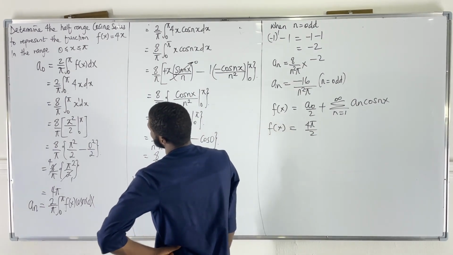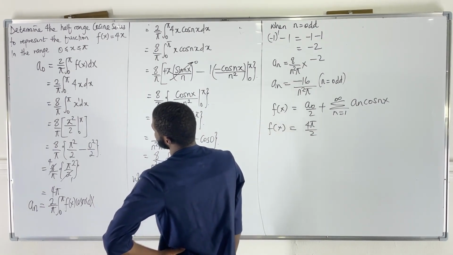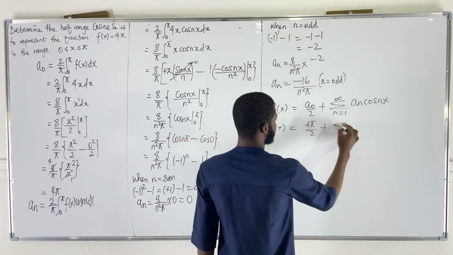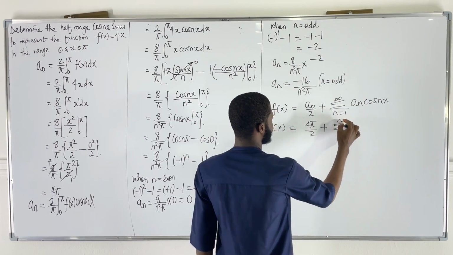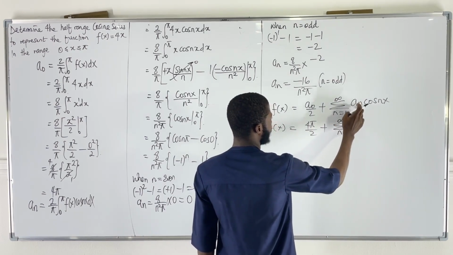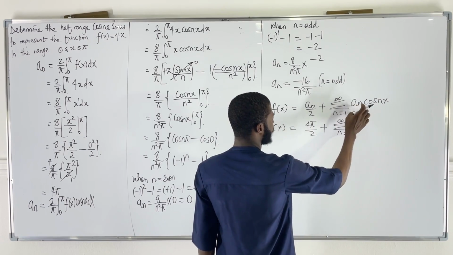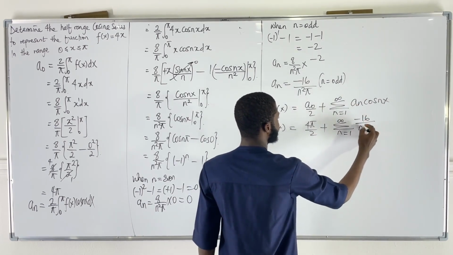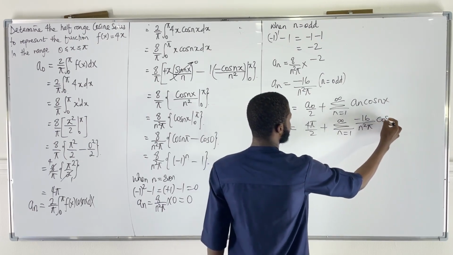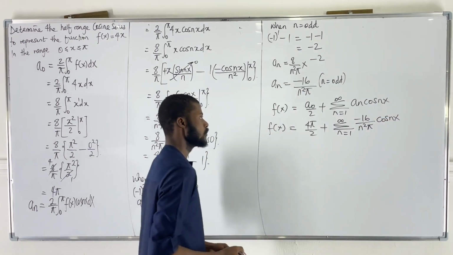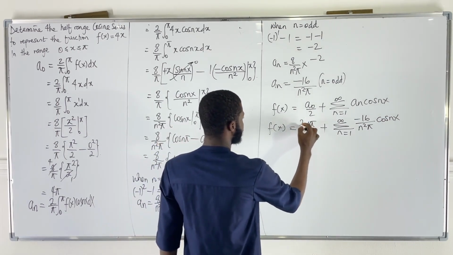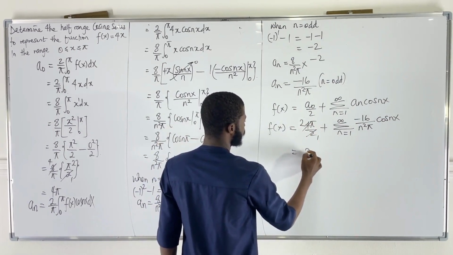Looking kind of weird. Let's proceed. So this is 4 pi over 2 plus the sum from n equal to 1 to infinity of a sub n, which is minus 16 over n squared pi, cosine of nx. Now, 4 over 2 is 2, so this will be 2 pi.